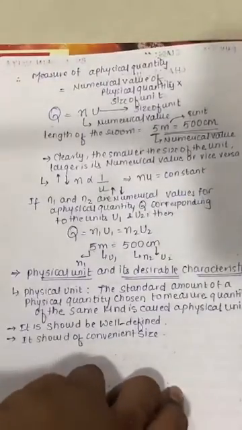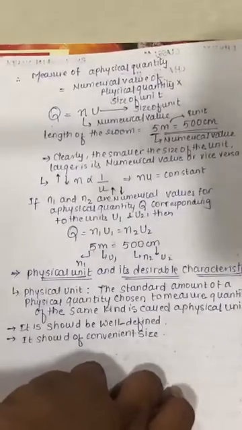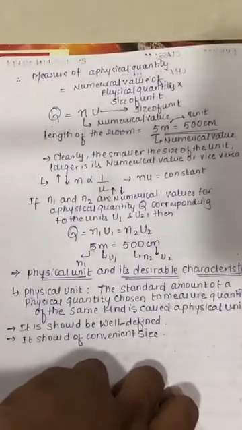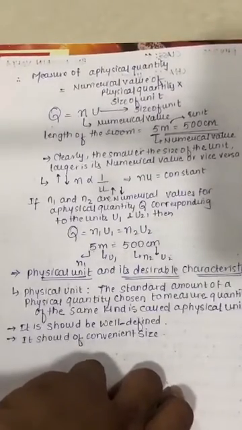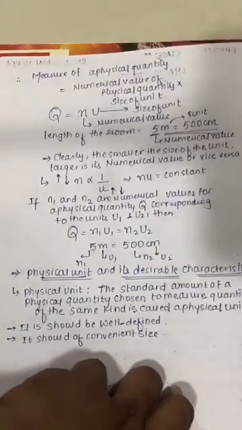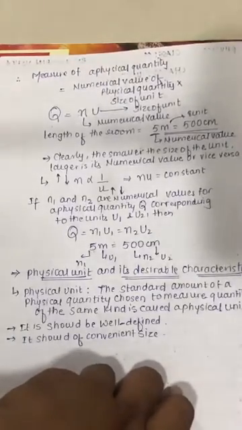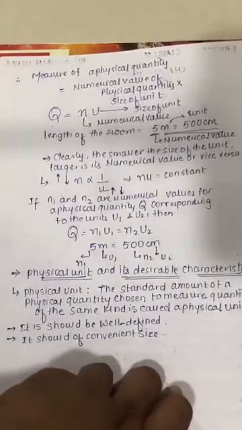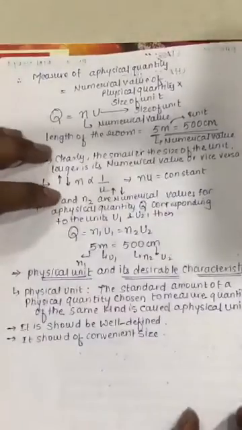Suppose you have a small amount of lady finger and you cannot put a 3-4 kg weight on the other side of the weighing scale. It is not appropriate. Suppose the amount of lady finger in the plate is about 600 grams, and you are putting 500 grams, it's appropriate. You can remove or add a little to make the balance. So it should be of convenient size.